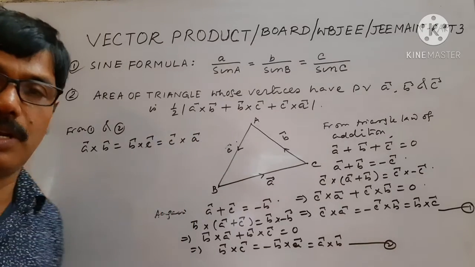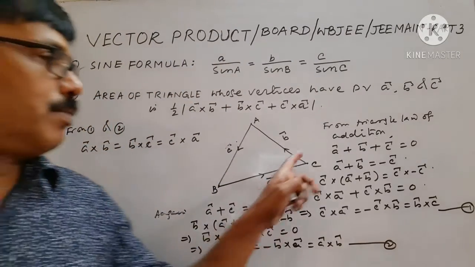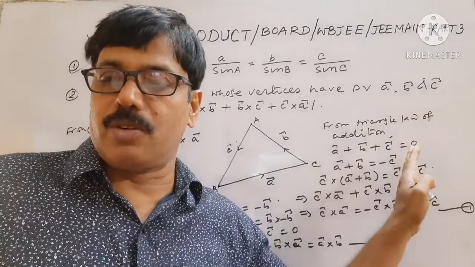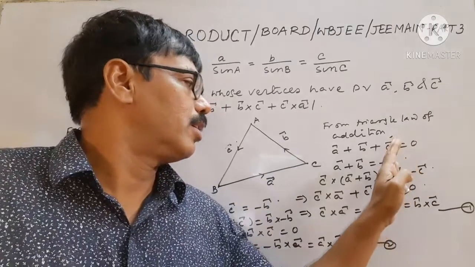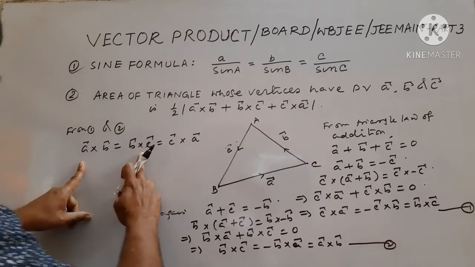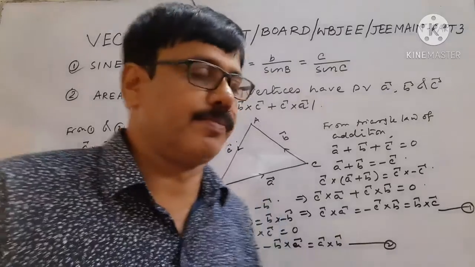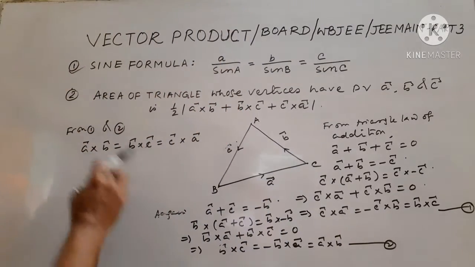So, if A plus B plus C equals 0, then A cross B equals B cross C equals C cross A. This is the first phase. Now we use the definition of cross product.